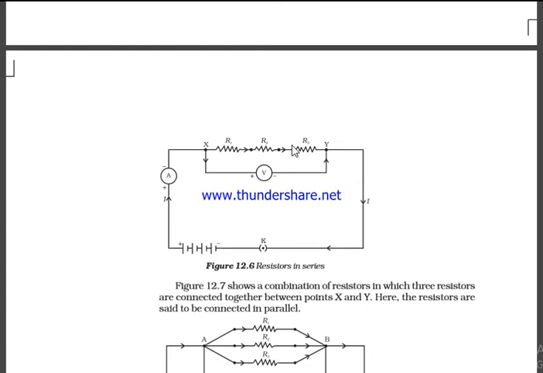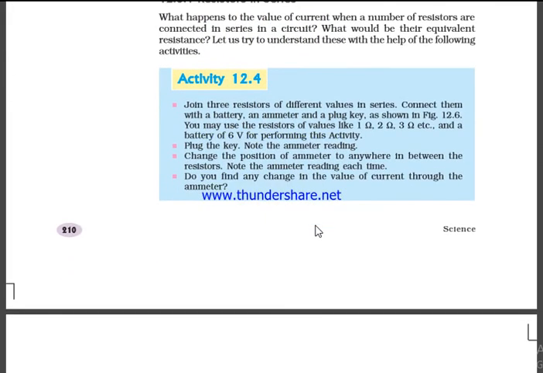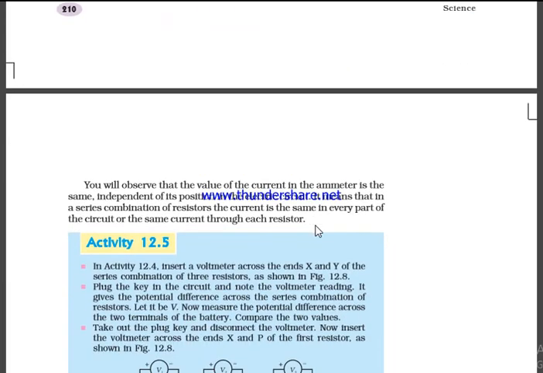The potential difference varies in a series circuit, and you will observe that the value of current in the ammeter is the same independent of its position in the circuit. It means that in a series combination of resistors, the current is the same in every part of the circuit, the same current passes through each resistor. So just keep this in your mind.